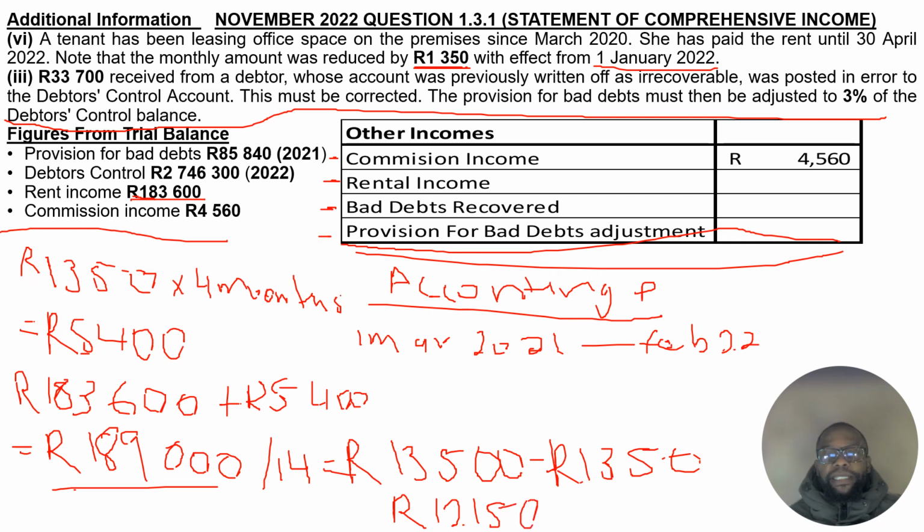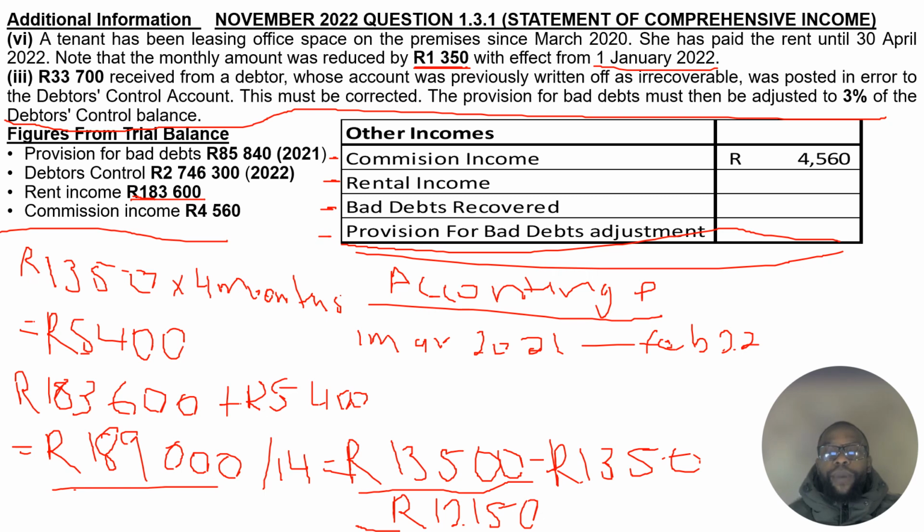Before the decrease, this client was paying us 13,500, but after the decrease was paying us 12,150. We were told that the decrease starts from January, so we count January, February, March, and April. Then our accounting period ends in February.